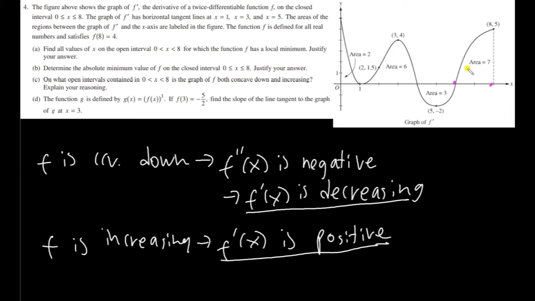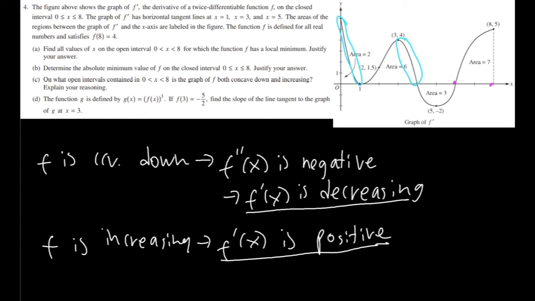So if you look at all the areas here where f prime of x is both positive and decreasing, so it's going down, but it's still above the x-axis. And I can see there's one region here, right, from 0 to 1, where it's going down and it's positive. And there's this other region here, where it's going down and it's positive. So those are the only two regions here that fit that criteria.